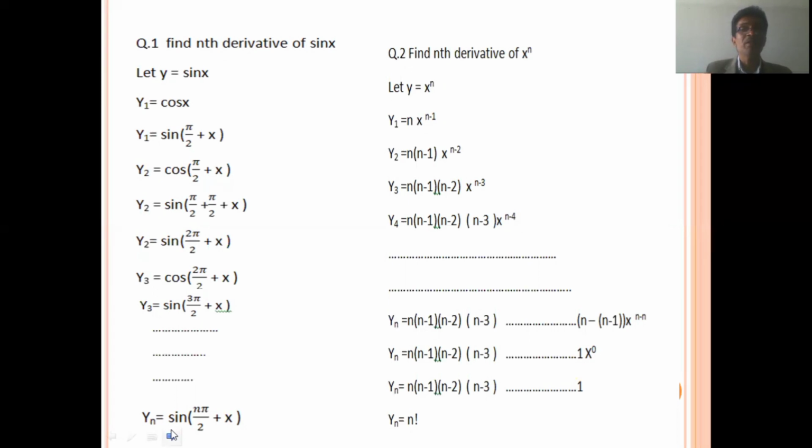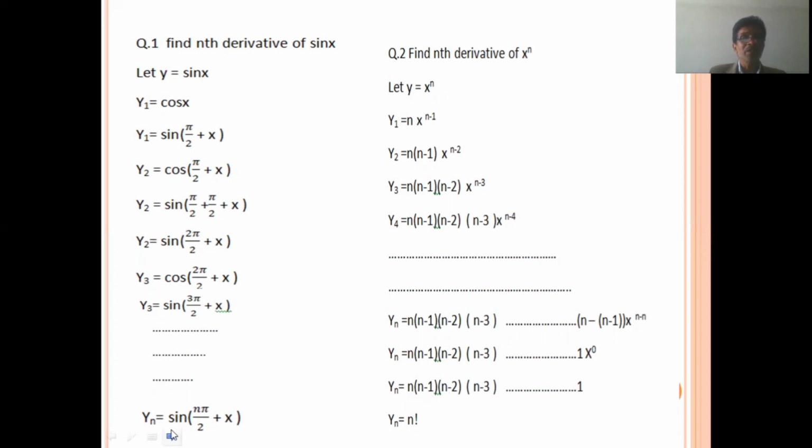Now we find the second derivative. Again, differentiation of sine equals cos, so y2 is equal to cos(pi/2 + x). Now again cos(pi/2 + x) is converted into sin, so y2 is equal to sin(2 pi/2 + x) using the same rule. Similarly, we can find the third derivative, y3 equal to cos(2 pi/2 + x), which is converted into y3 equal to sin(3 pi/2 + x).